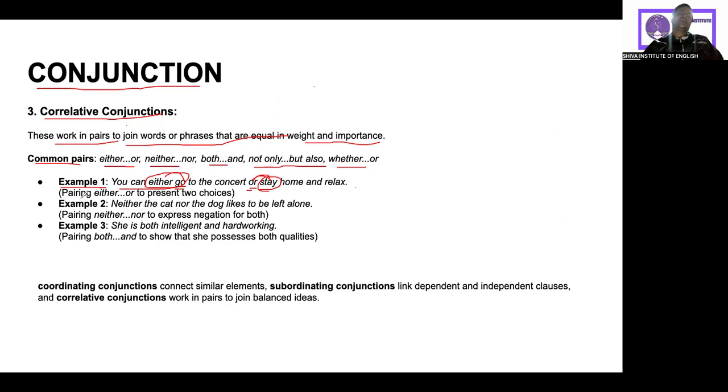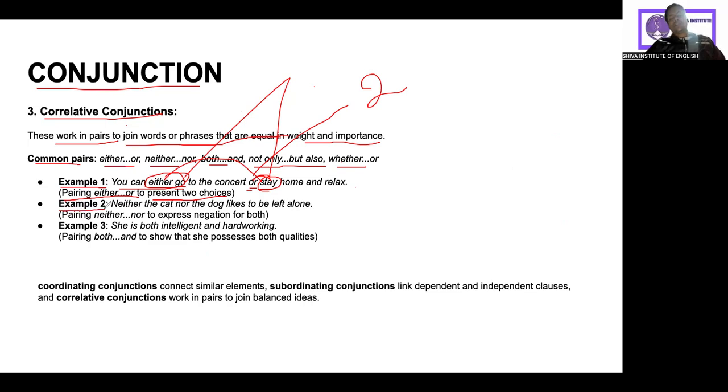In that case, the pairing "either...or" presents two choices. What are the two choices? Go or stay, right? Either go or stay. And please do remember that when we talk about "either...or", we generally use two words as a choice, right?